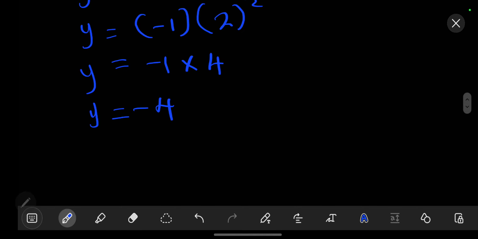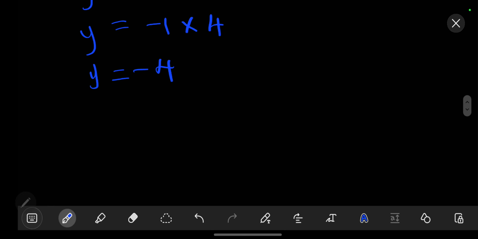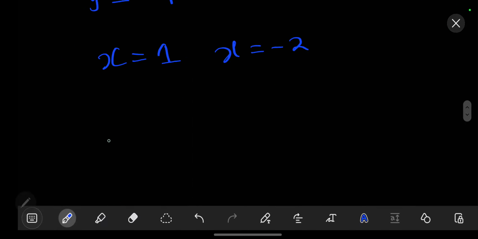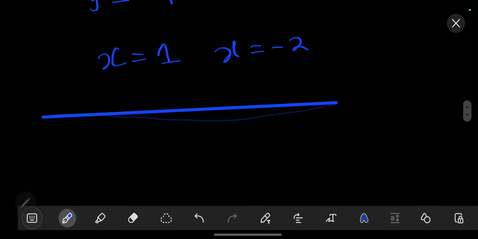From there, let's come up with a table to look at some more values. Our x-intercepts are x equal to positive 1 and x equal to negative 2. Now let's first use our number line to estimate the regions.